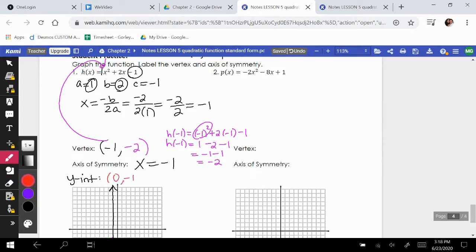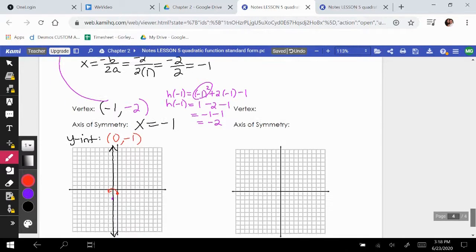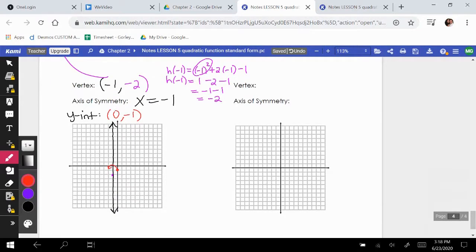So (0, -1) is my y-intercept. And then I'm going to mirror that across the line of reflection, or the axis of symmetry. Okay, and so I'm going to get this mirror point right here. And then I can draw in my U shape. There we go.